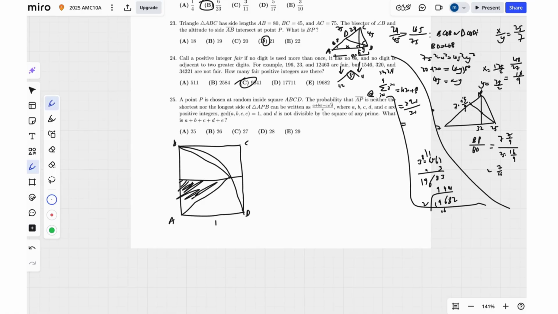So this is something we don't want. Something else we don't want is to be the longest, so it should be in this quadrant, and then it should be outside. So this is also what we don't want.